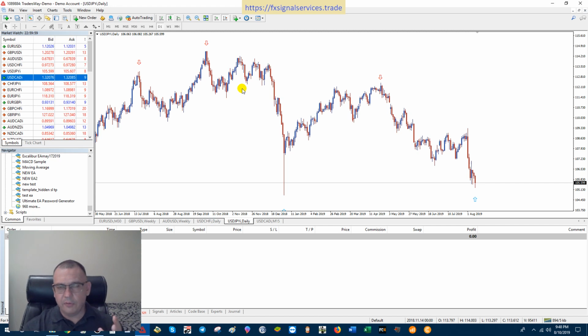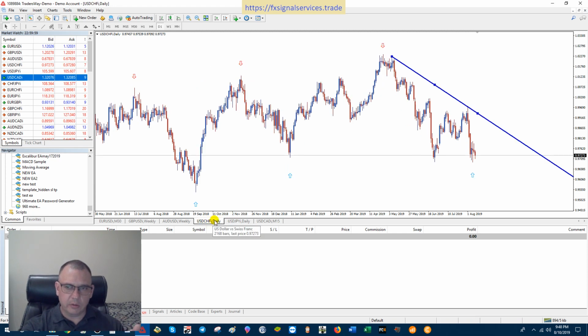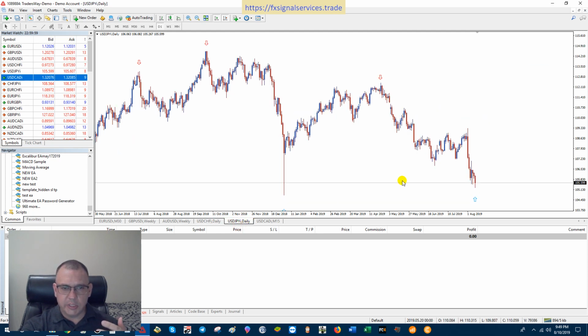And like I've always said in other videos, the US dollar Japanese yen, most of the time, not always, but most of the time, has an opposite or inverse effect from the US dollar Swiss franc. So if the US dollar Swiss franc is going down, the US dollar Japanese will be going up. Now the US dollar has weakened a lot, and these both have actually dropped.